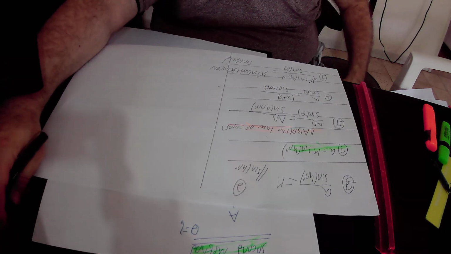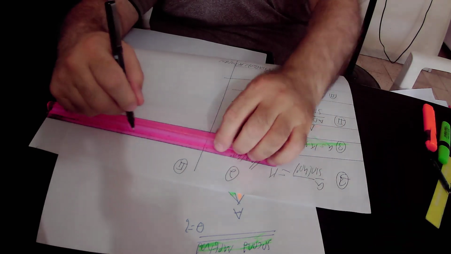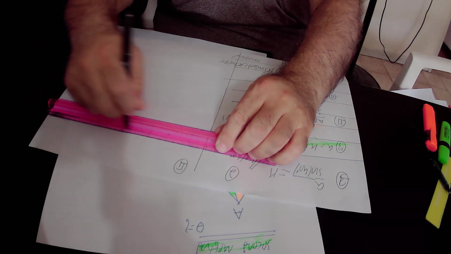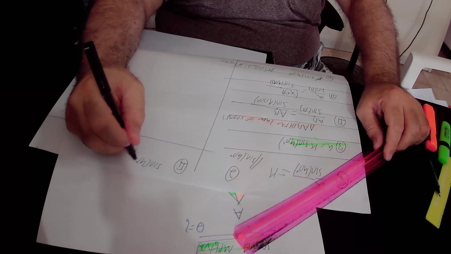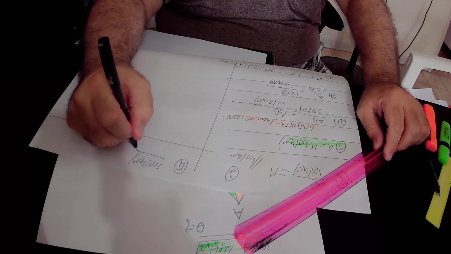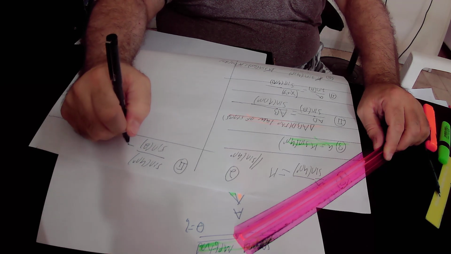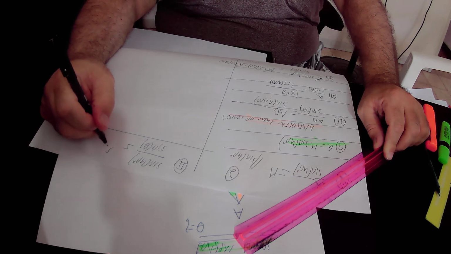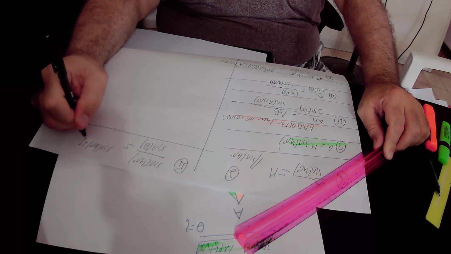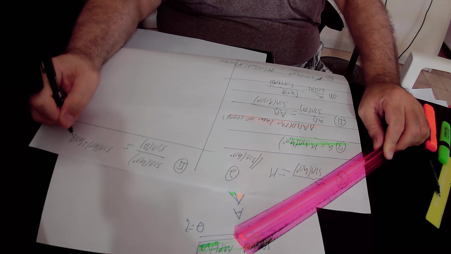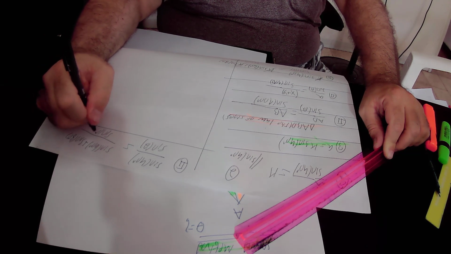What is left is sine 40 degrees over sine theta, that is equal to sine 60 degrees plus sine 80 degrees over sine 100 degrees.